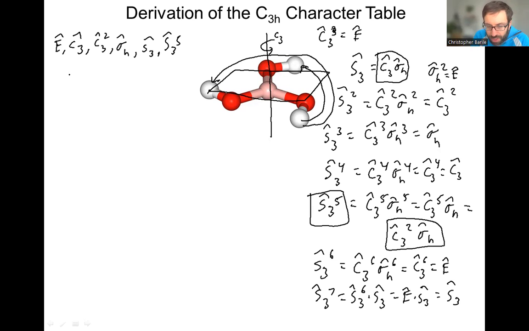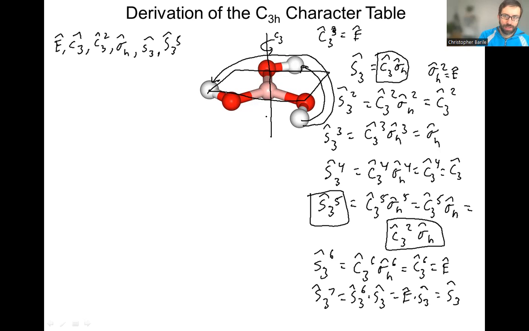And mathematically, there's a rigorous definition that I go over in other videos. But basically, there's no way that these are equivalent. It may seem that a C3 takes the atom this way and a C3 takes the atom this way, with how I just define things differently to go the other way. There's no way to, in this point group, if I define things to be the opposite way, I have to define a different axis system.